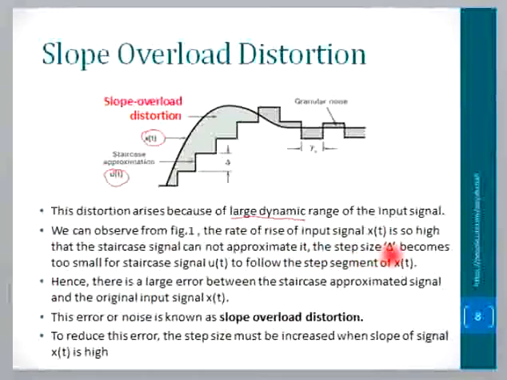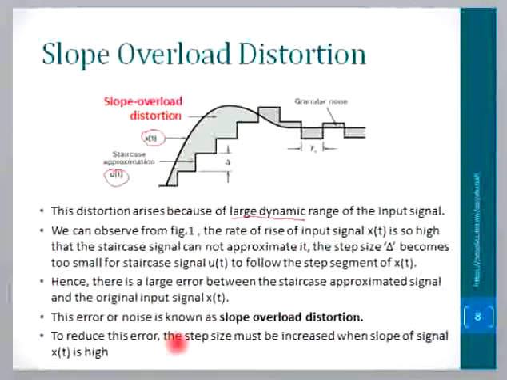The step size delta is too small for the staircase u(t) to follow the steep segment. As I mentioned before, this step size is the same, but the increasing gradient is so high, so it cannot follow the original signal. So this error is known as slope overload distortion.